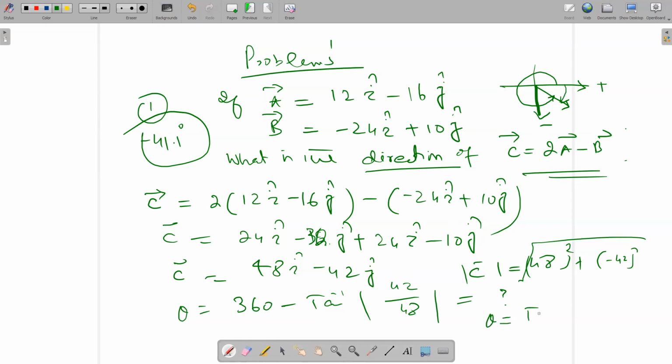You find tangent inverse of 42 over 48, and this answer is 41.1 degree, and you put a negative sign here because we are going in this direction. But if we want the direction as a positive angle, then it will be 360 minus tangent inverse. Okay, understand?